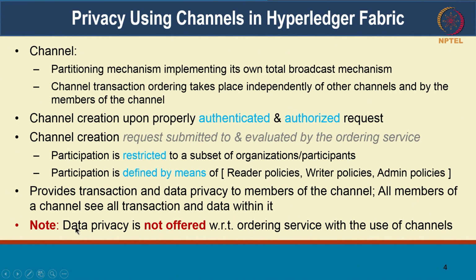Note that data privacy is not offered with respect to the ordering service. The ordering service for a particular channel will see the data within the channel. With just using channels, you can't get data privacy with respect to orderers. There are other constructs that will help you obfuscate that from the orderers.